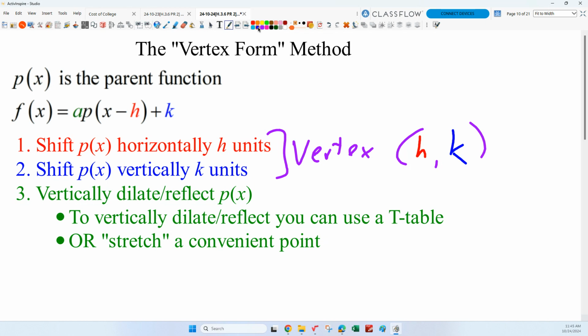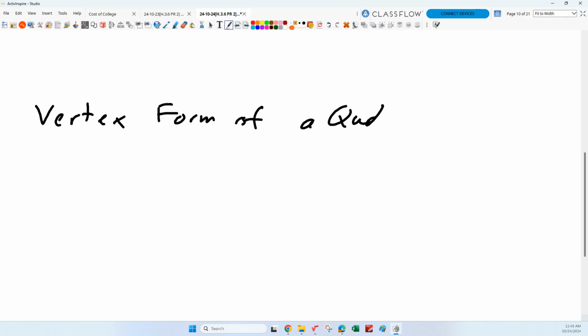So if you talked about vertex form of a quadratic function, okay, it was this.